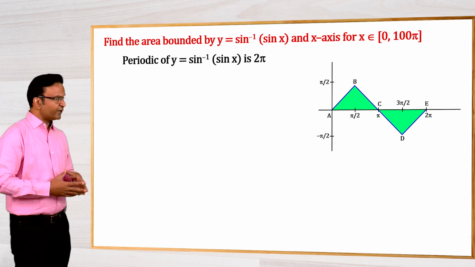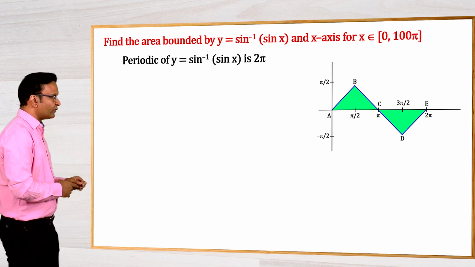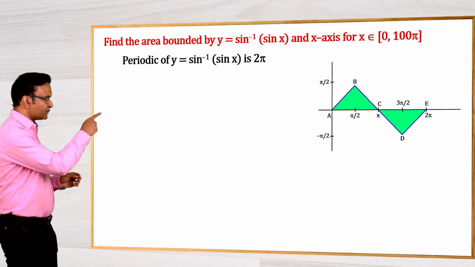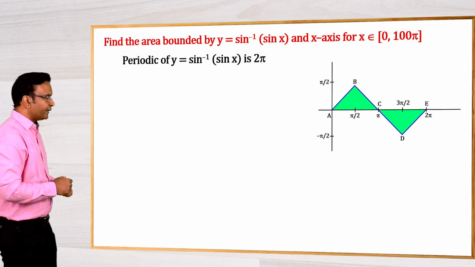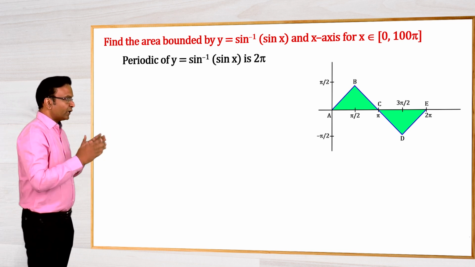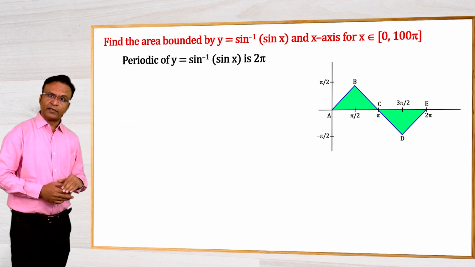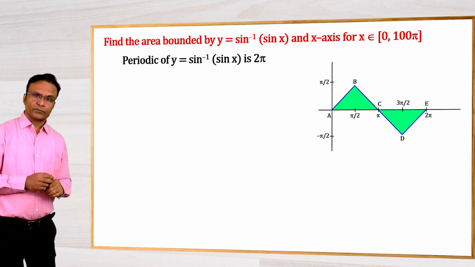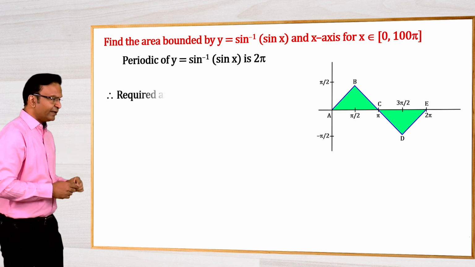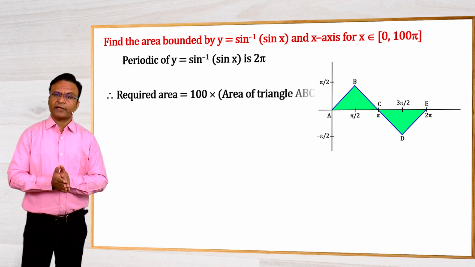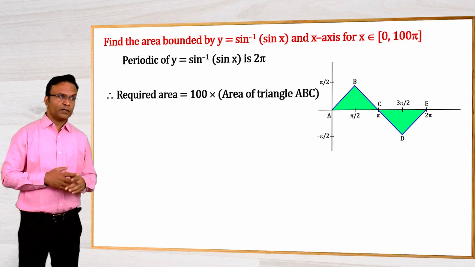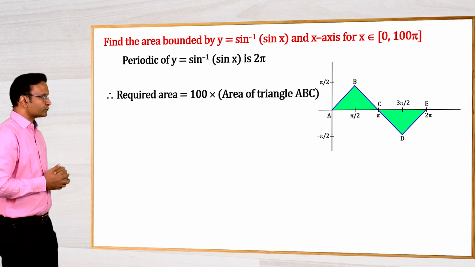Also we can do this way, we find the area of triangle ABC. This triangle is ABC. And we have 100 such triangles, 50 triangles above x-axis and 50 triangles below x-axis. So the required area is 100 multiplied by area of triangle ABC.